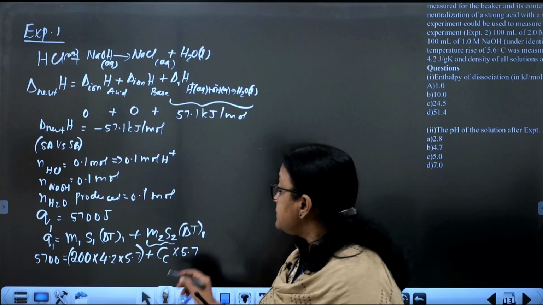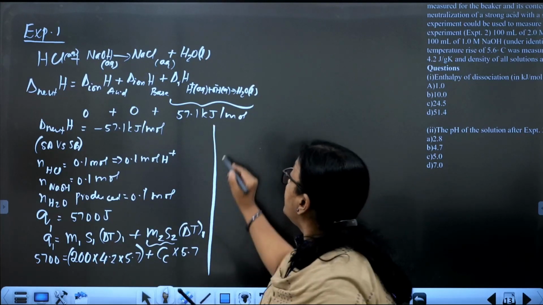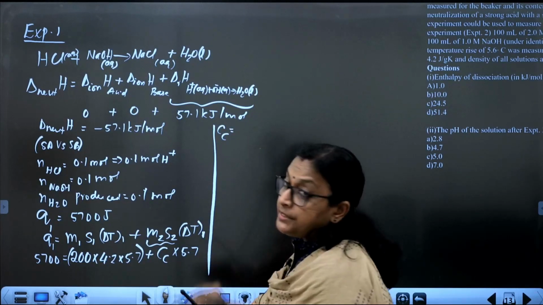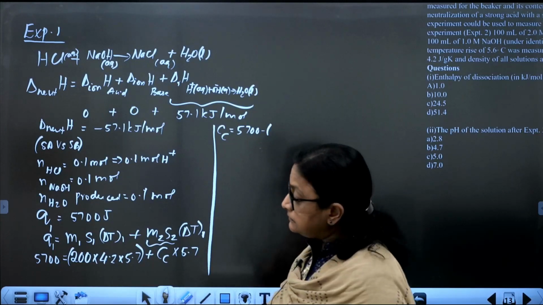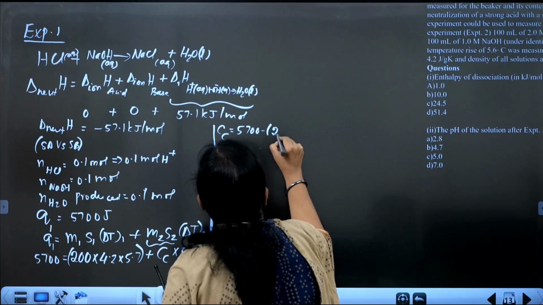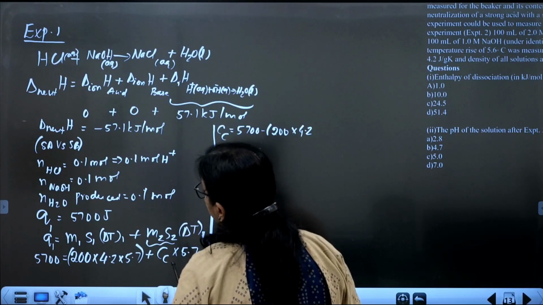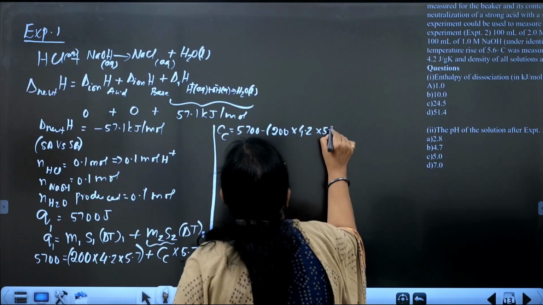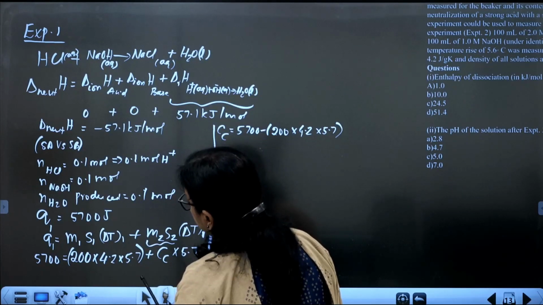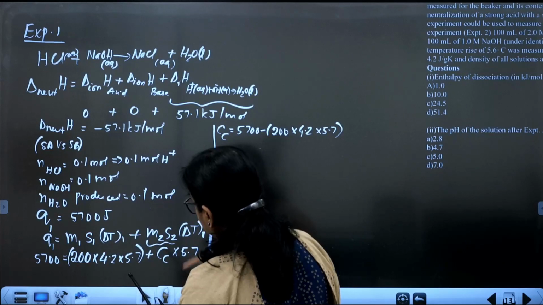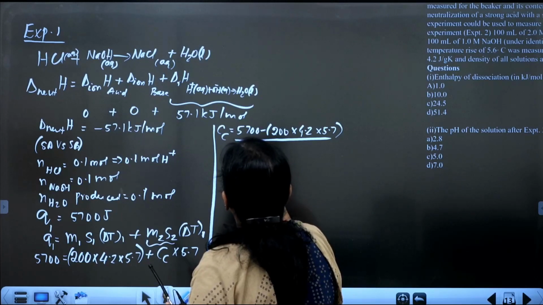From this, you can solve for the calorimetric constant of this apparatus. The calorimetric constant is going to be 5,700 minus 200 into 4.2 into 5.7, divided by 5.7.